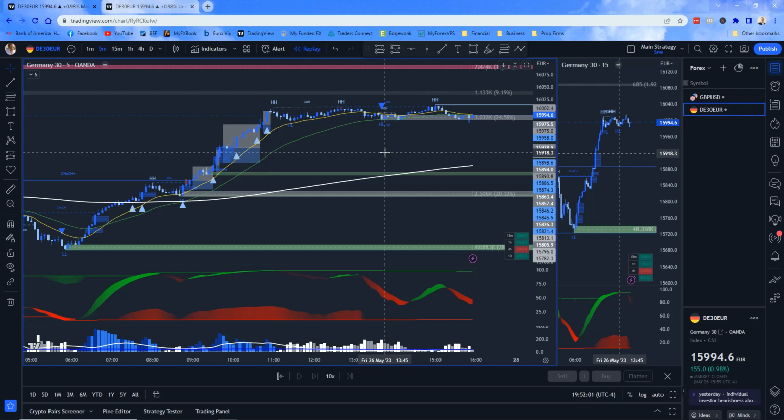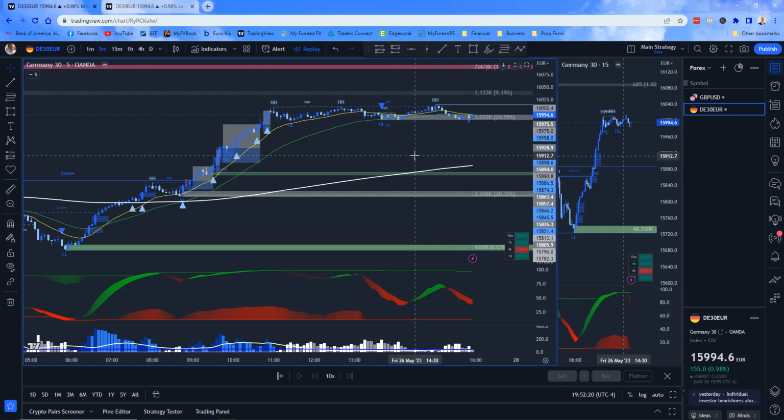I run a dual monitor. On the first monitor I have TradingView, and the monitor right next to it is my MT4, which is where I place my actual trades.